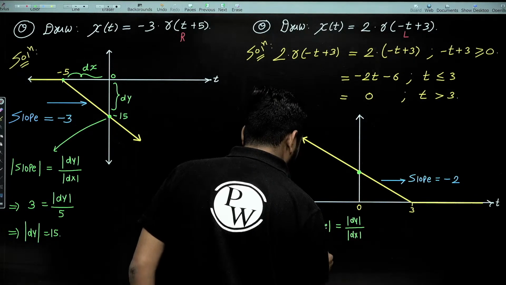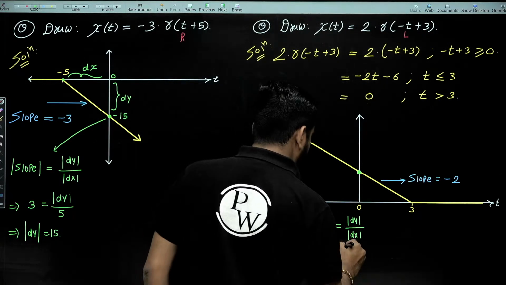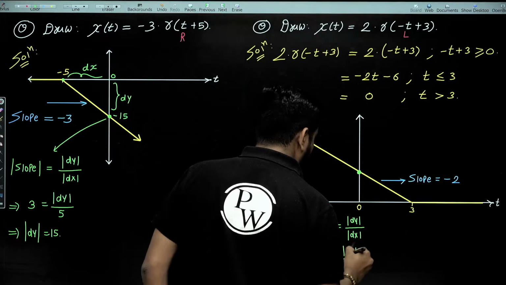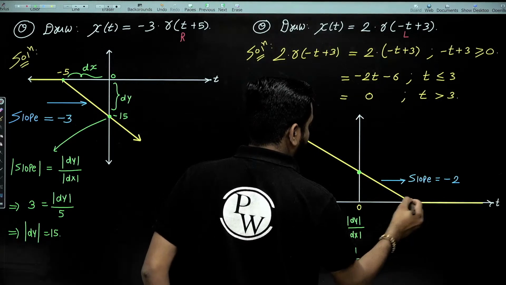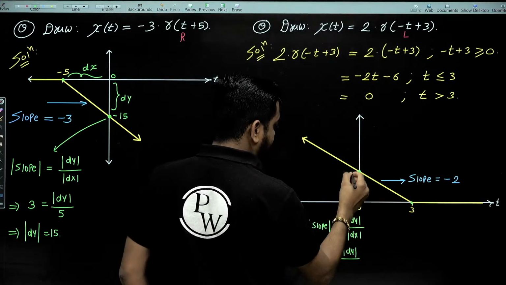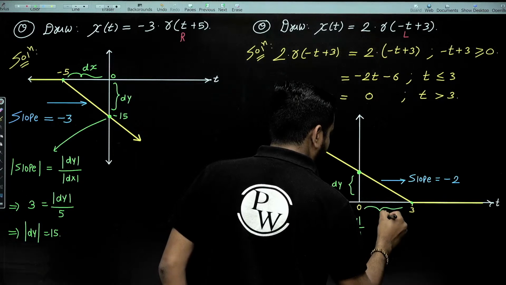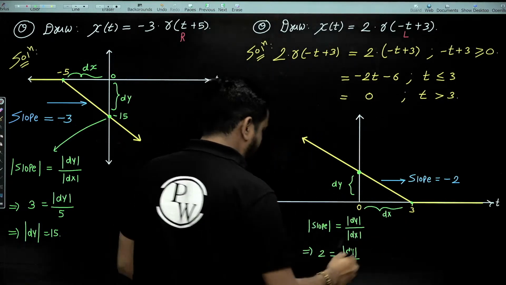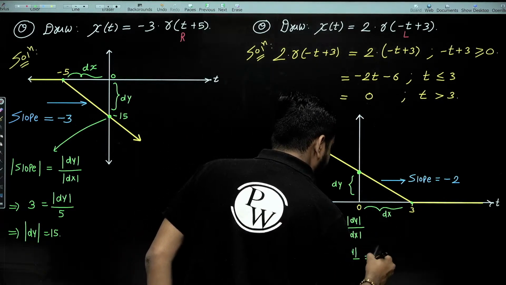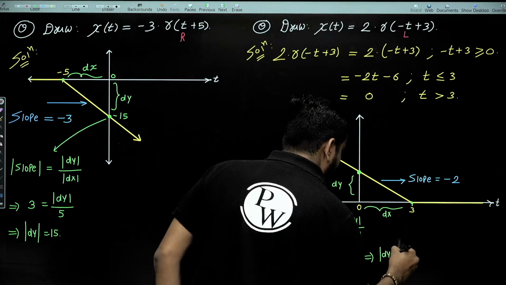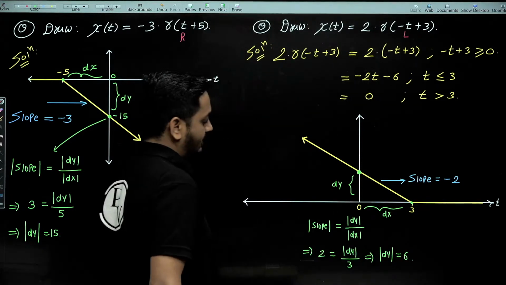Here the magnitude of the slope is 2. This is the dx and this is the dy. dx is 3, which implies mod dy is equal to 6.